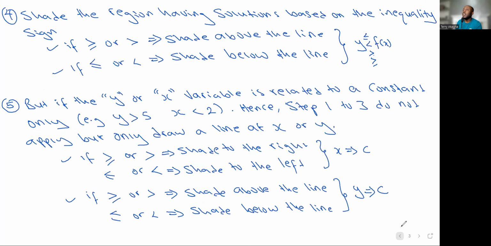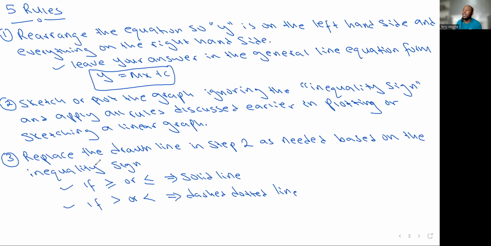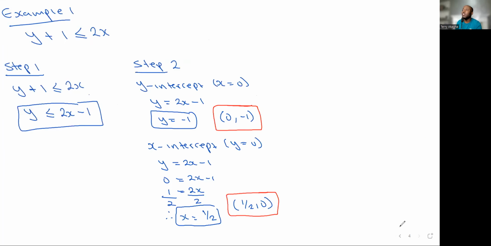The next one, step 3, says we should sketch it. We need to sketch this graph now. We have the x-axis and the y-axis. The y-intercept is 0 and minus 1, so let's assume this is minus 1.